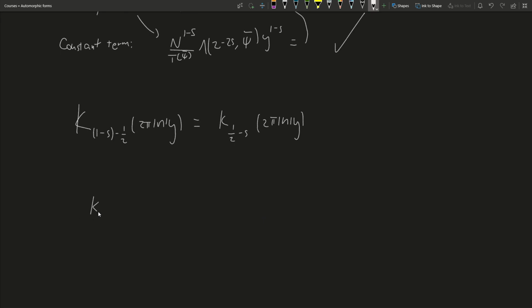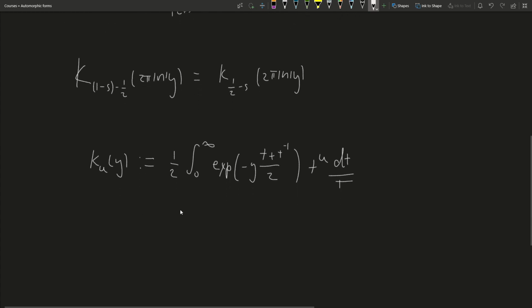So let's look at the K-Bessel function at, say, u, y. And remember, by definition, this was 1/2 times the integral from 0 to infinity of e to the minus y times (t plus t inverse) over 2, times t to the u, dt over t. This was just our definition of the K-Bessel function.